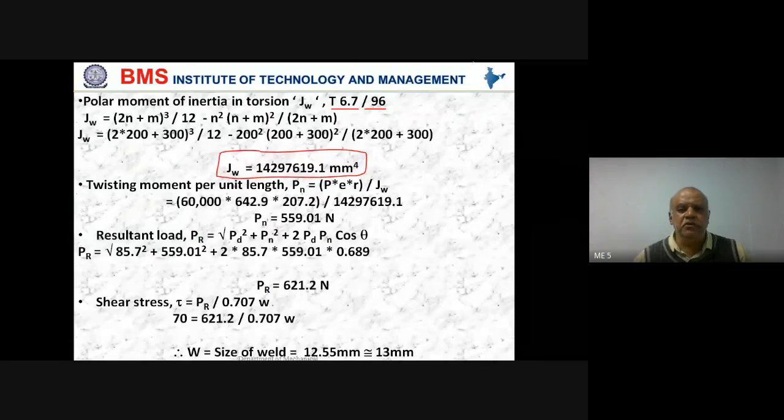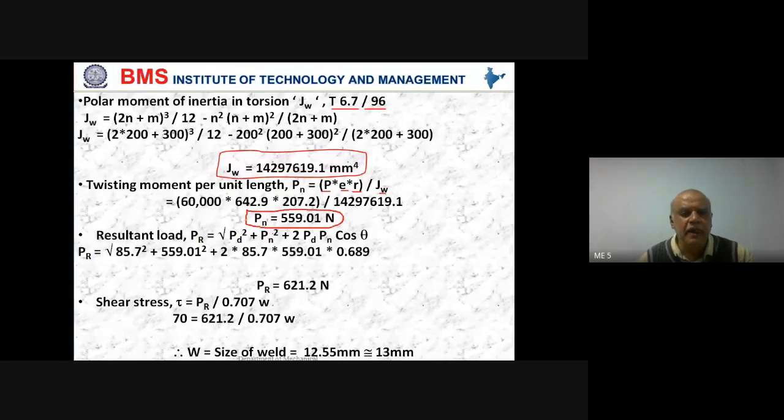And after that, find out twisting moment per unit length. Pn is equal to Per by Jw. E stands for eccentricity. P is the total load. R is the radius of the weld. Jw is the polar moment of inertia in torsion. Get the value of twisting moment per unit length. Actually, it is not per unit length.